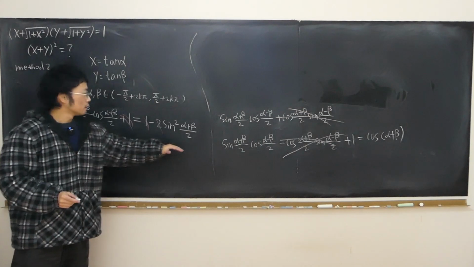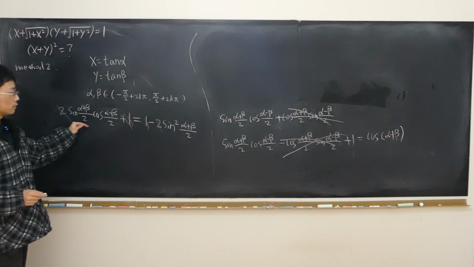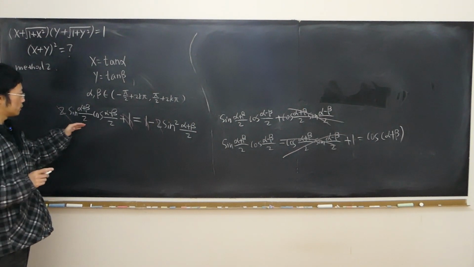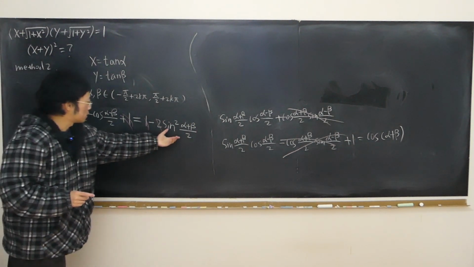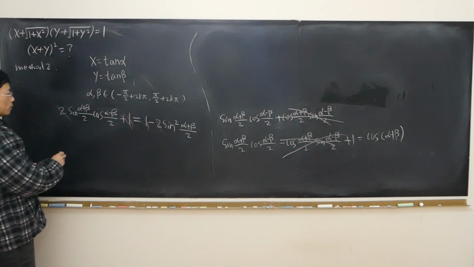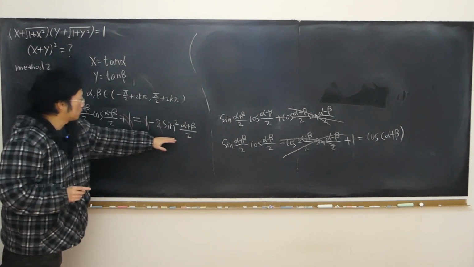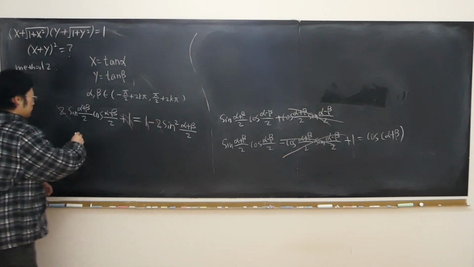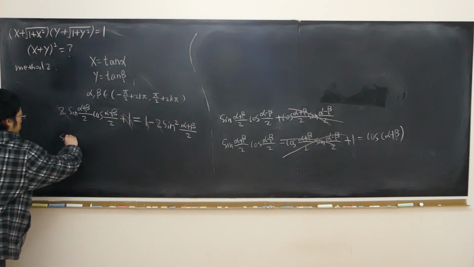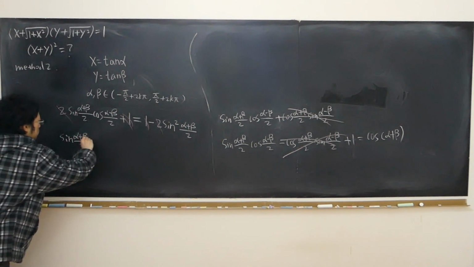We can't, because we don't know if that's 0 or not. We have to do it the safe way. We have to rearrange it, bring this term over here, it becomes positive, and factor out the sine of half of alpha plus beta.